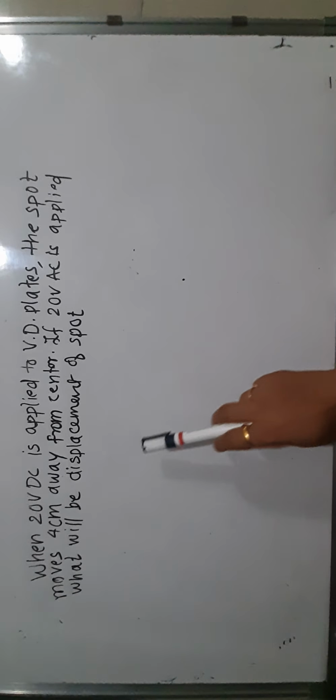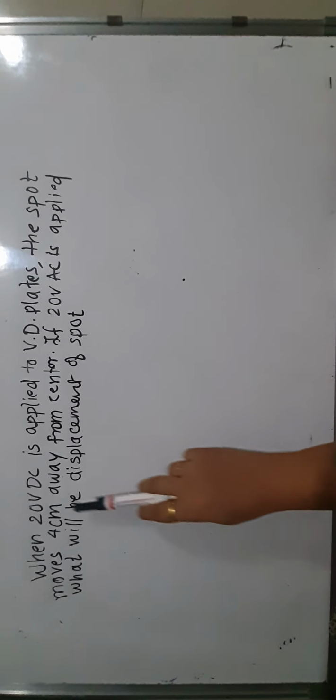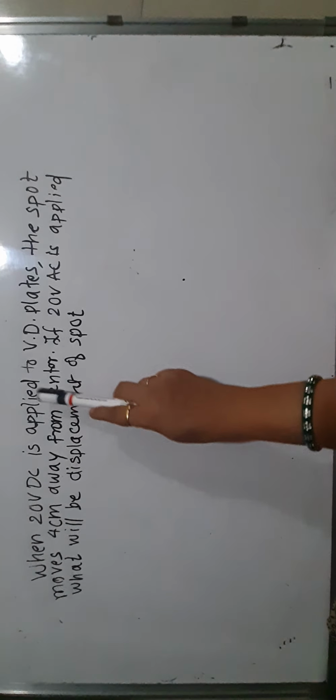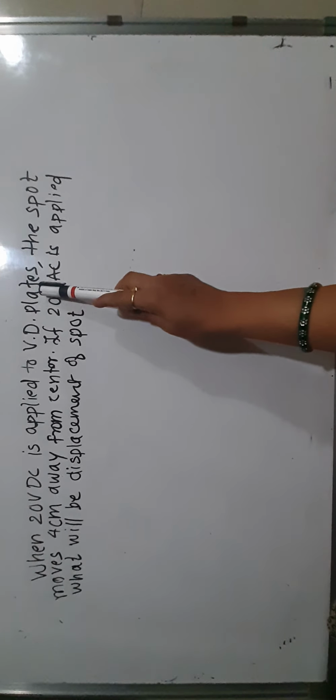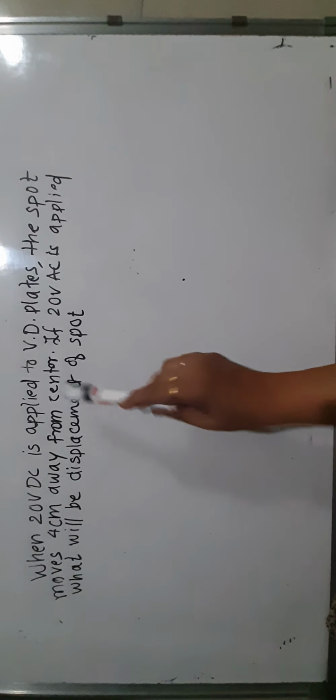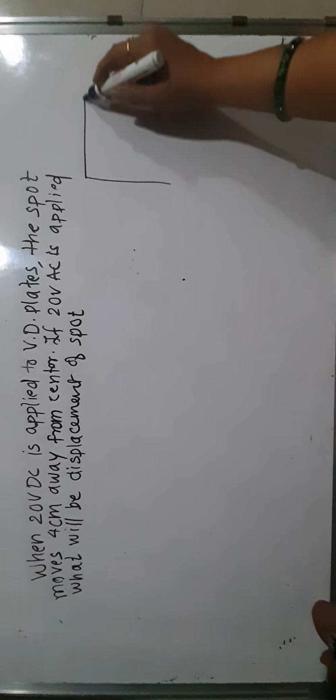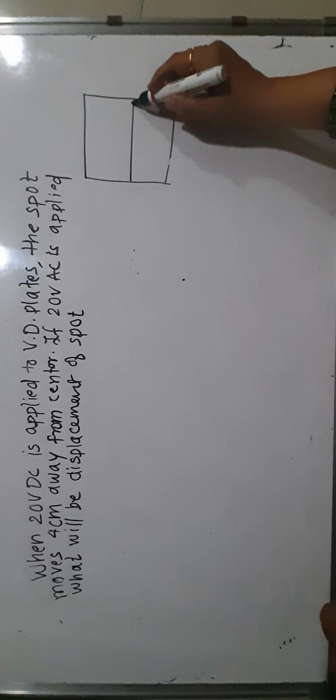Now let's see the numerical related to CRO. See, when 20 volt DC is applied to the vertical deflecting plates, the spot moves 4 cm away from the center. Okay, this is the screen, this is the center.